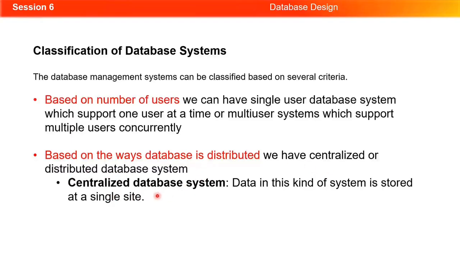With a centralized database system, data is on a single site, usually a single node or grouping of nodes, and all of the nodes are centrally located in one place.